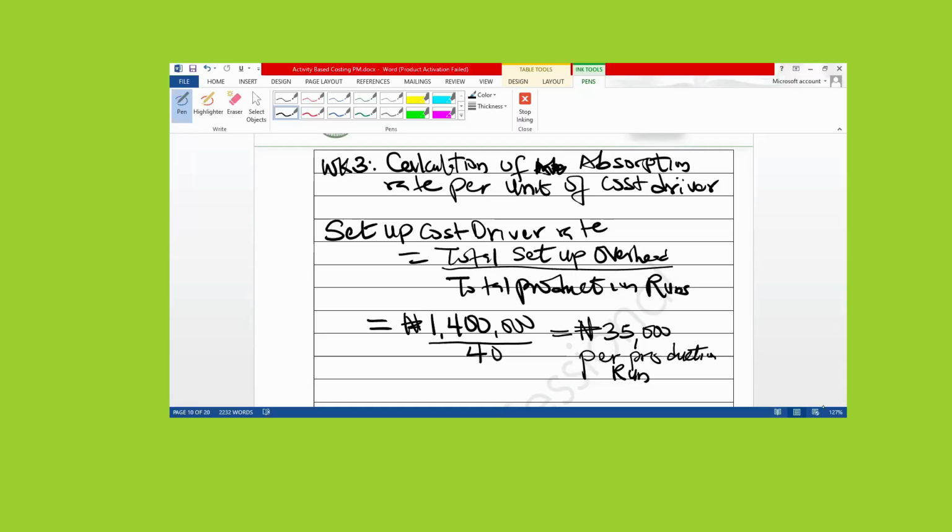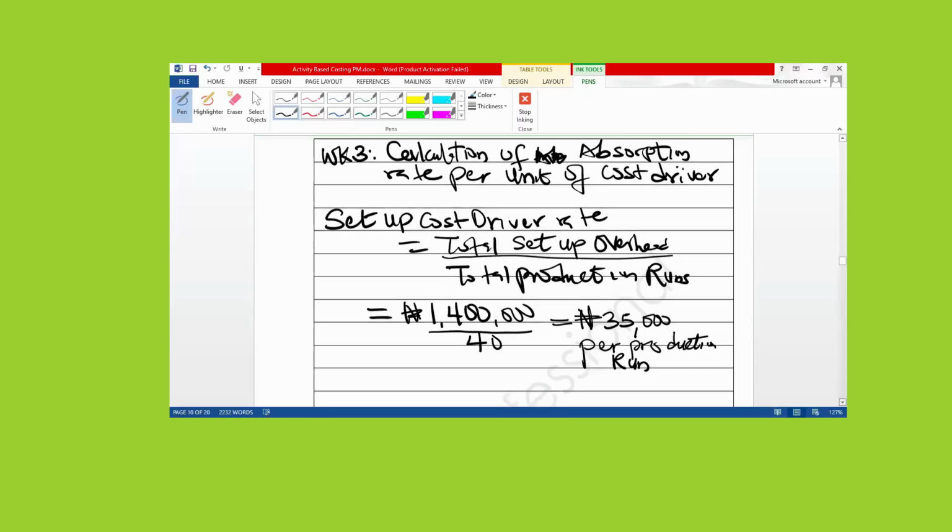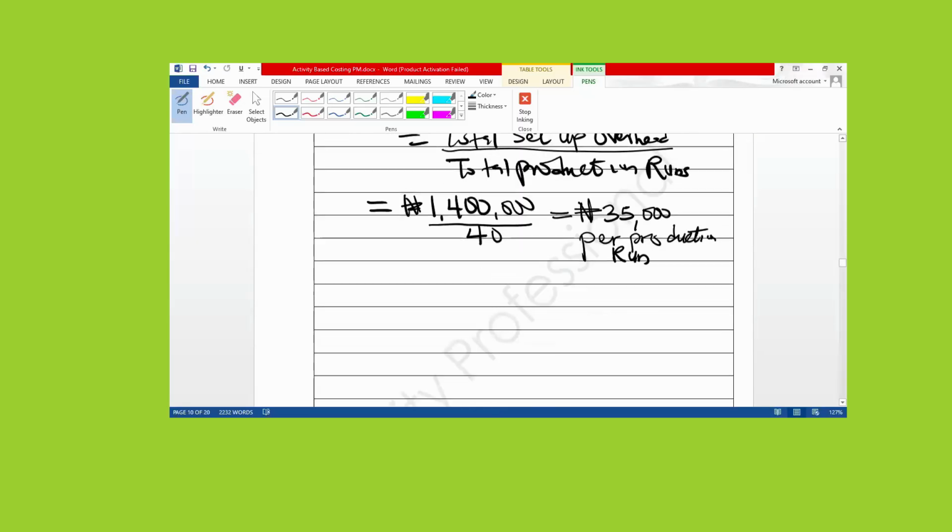We now go to the products. We need to allocate this. Look at this. We have alpha, we have beta, we have gamma.